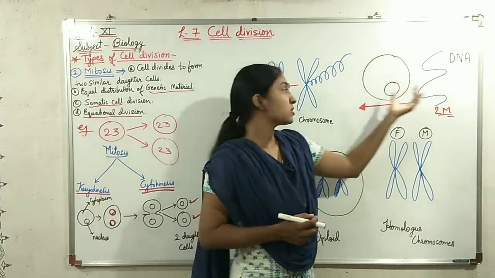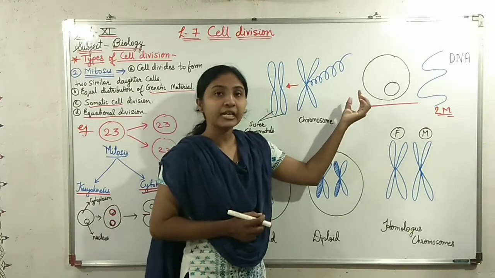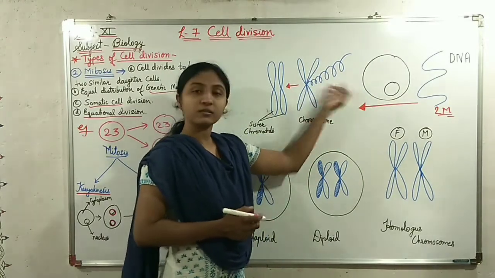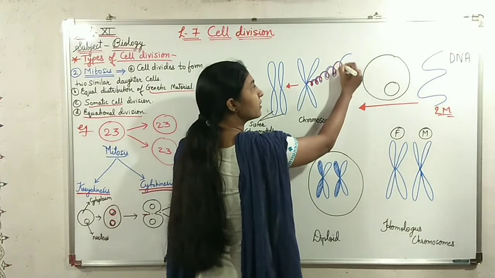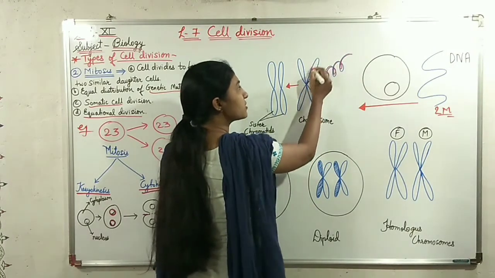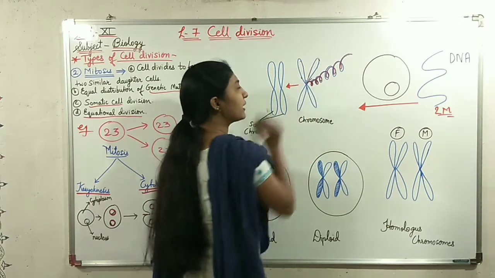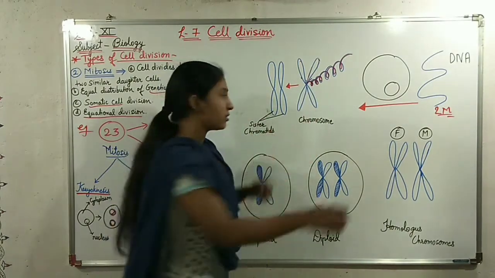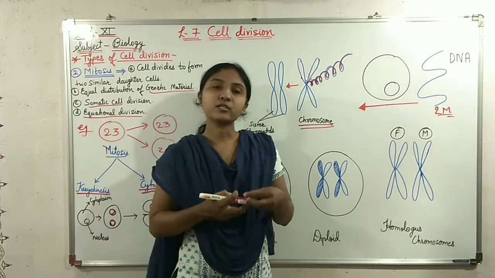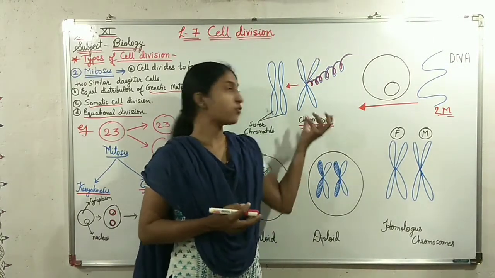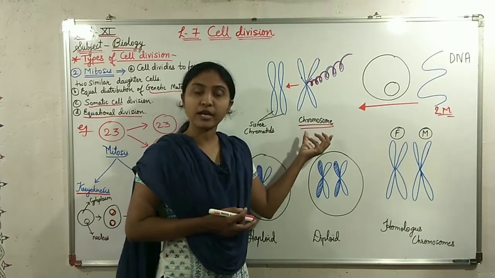It is because the DNA gets coiled up and forms a structure like this, and this structure is called a chromosome.